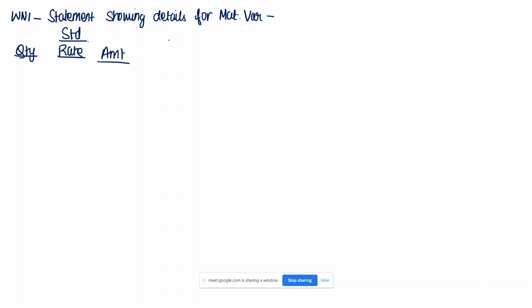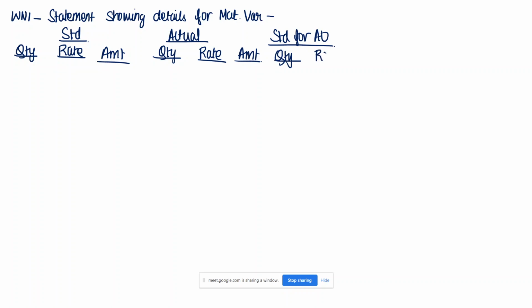Actual: quantity, rate, and amount. Lastly, standard for actual output: quantity, rate, and the amount.